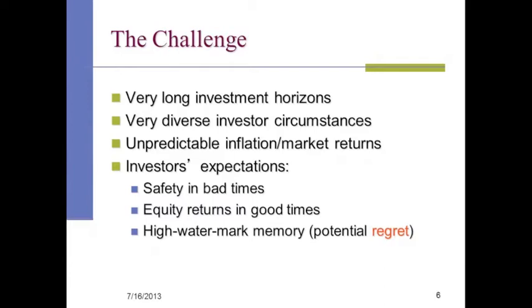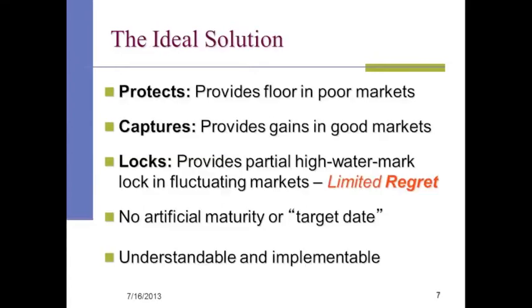Rather than say, gee, I've really done well over 35 years, they say, gee, I've really gotten hit badly over the last 10. So in addition to everything else, we have the issue of keeping track of fall from the high water mark, as well as trying to have a high water mark.